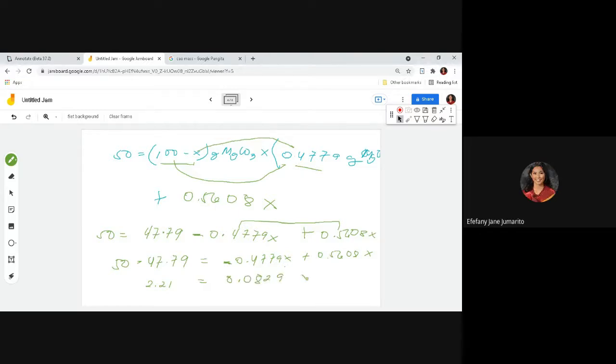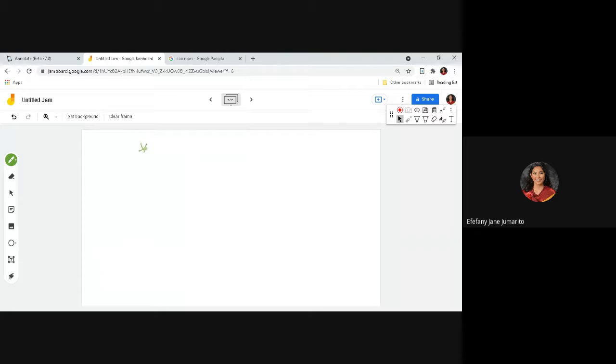Now divide both sides by 0.829, cancel, cancel. So x is equal to 26.659, ma'am.